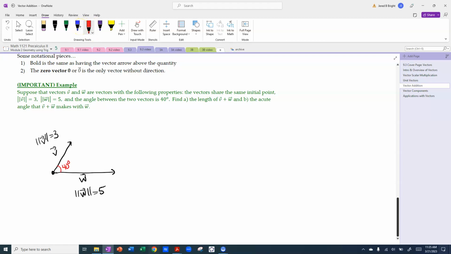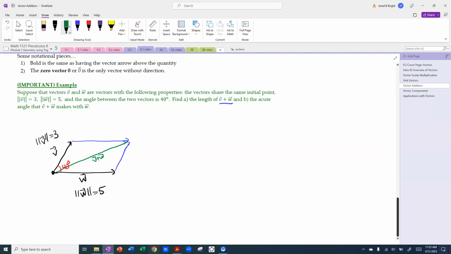It says find the length of v plus w. Well, we need to find v plus w first. I'm just going to make my little sketch. We know how to do the sum now. And then this would be v plus w. It says find the length of that, and then also the acute angle that it makes with w.